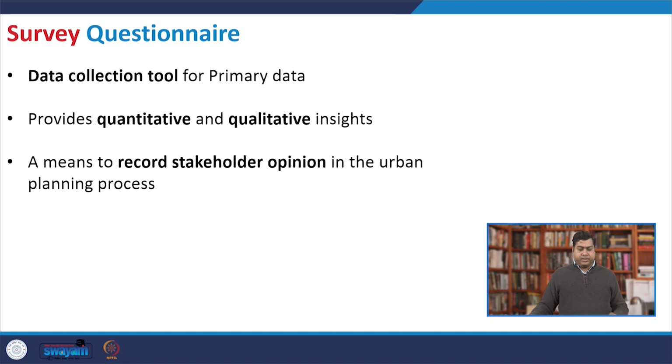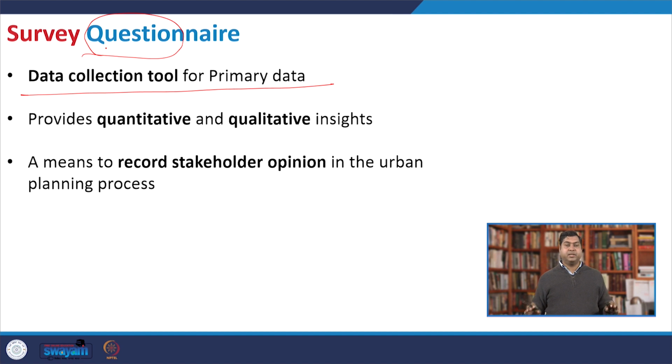Now, a survey questionnaire is nothing but a data collection tool for primary data collection. If you say that part of it is a question, then definitely in this case we'll have a set of questions, and we'll try to get the answers from our sample respondents. It provides quantitative and qualitative insight.